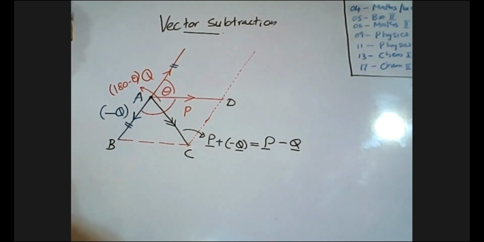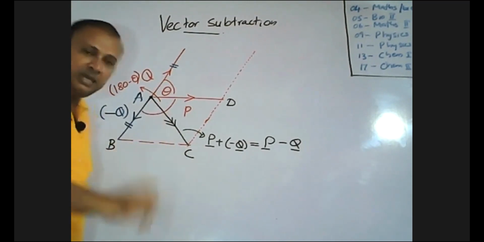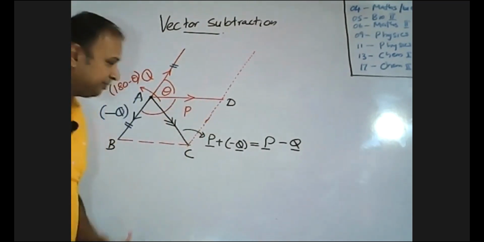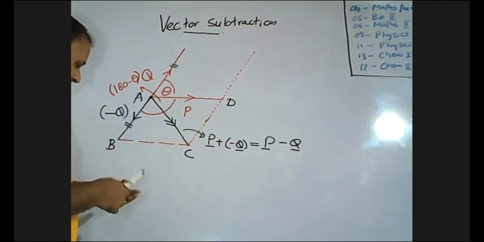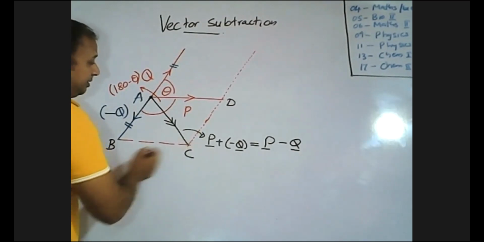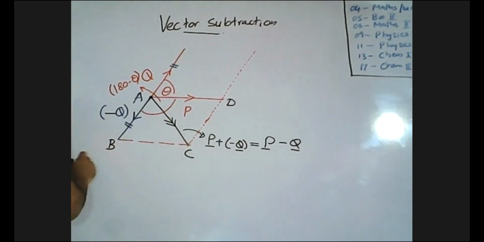So if you apply the vector parallelogram theorem to the ABCD parallelogram, you will have this.